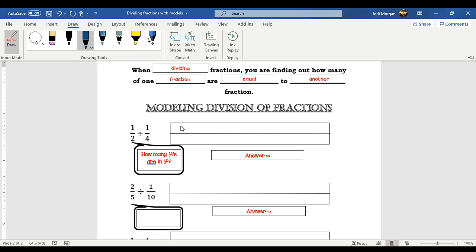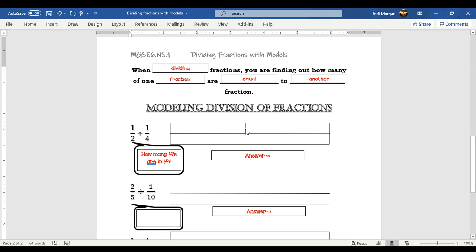What I need is one of these bars to represent half, and then the other one to represent fourths. Think of these as those rods that you probably played with in elementary school. I'm going to split this whole thing straight down the center. Pretend that's straight. So now I have half and half and half and half.